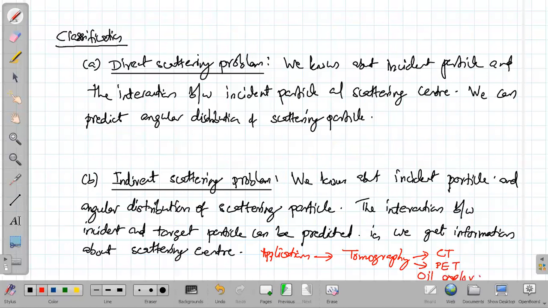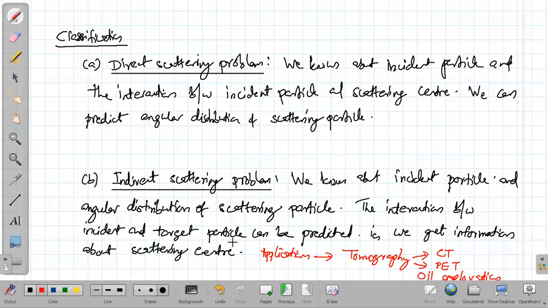All these applications come under the indirect scattering problem. So these are the two types of classification of scattering studies: the direct scattering problem and the indirect scattering problem.